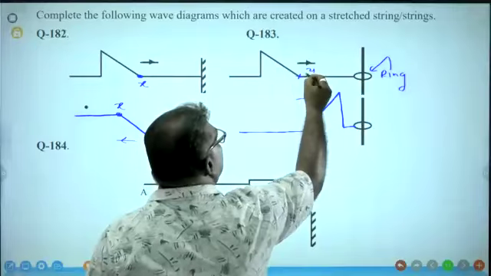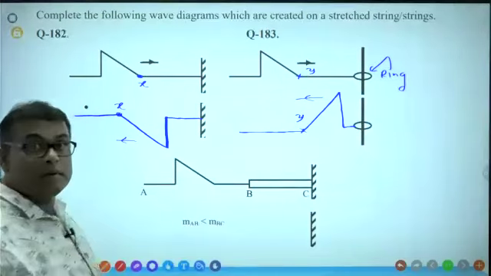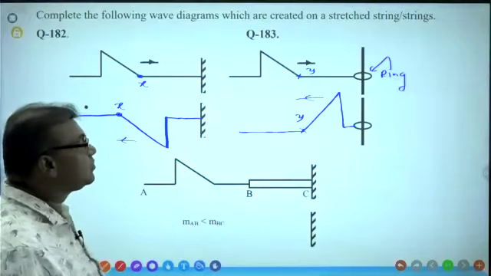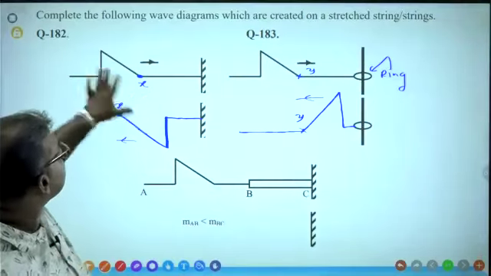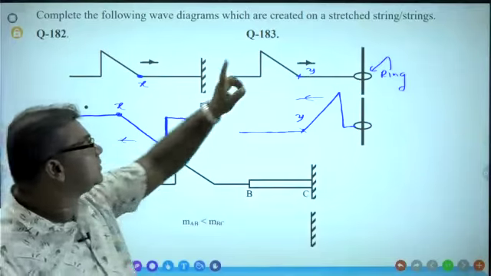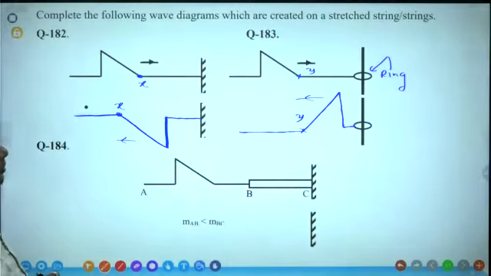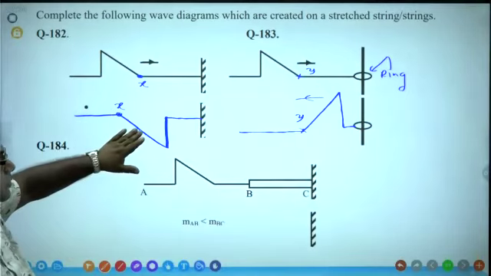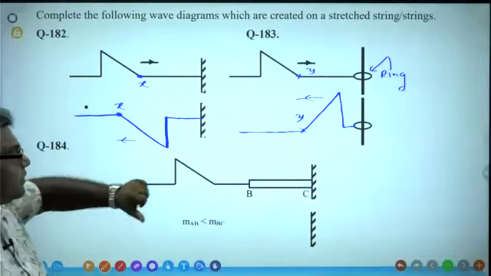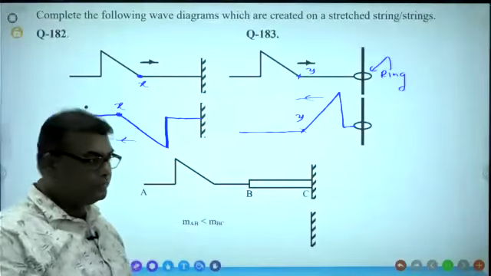If this point is Y, at here also Y. Front one is Y. Returning one, front one is also Y, right? At here, we can say inverted reflection, this one, non-inverted reflection. And this is also called rigid reflection. This is called soft reflection.